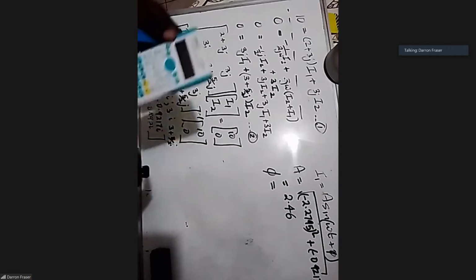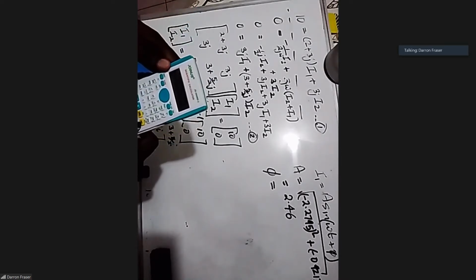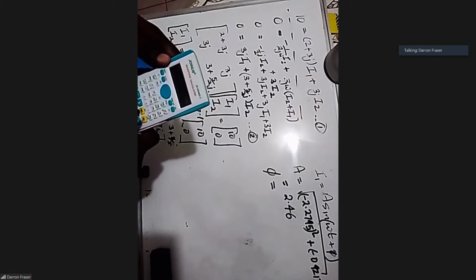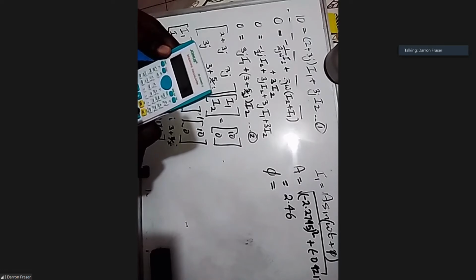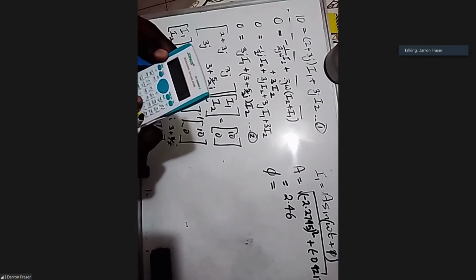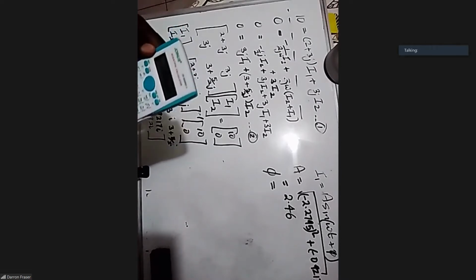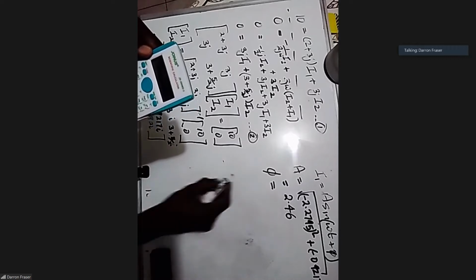So tan inverse bracket 0.9217 divided by 2.2795 close bracket. I get 22 degrees, but I'm not going to write down 22 degrees.